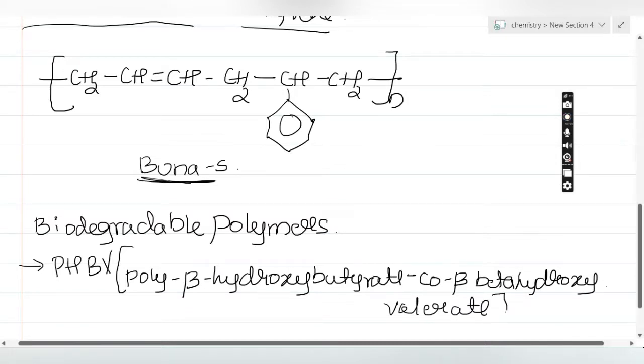So this is the long form of your PHBV: poly beta hydroxy butyrate and co beta hydroxy valerate. So the entire name is PHBV.